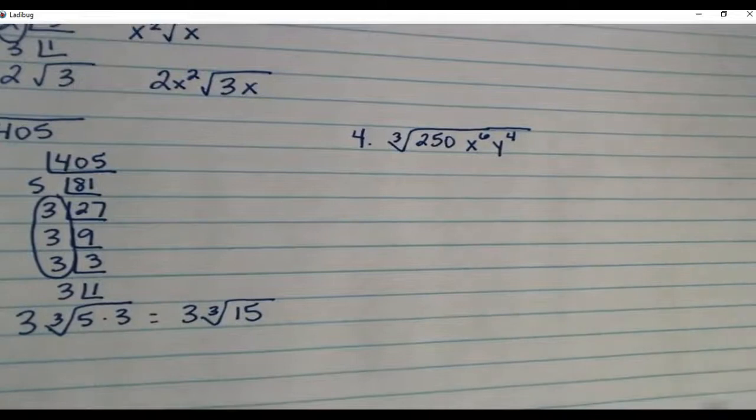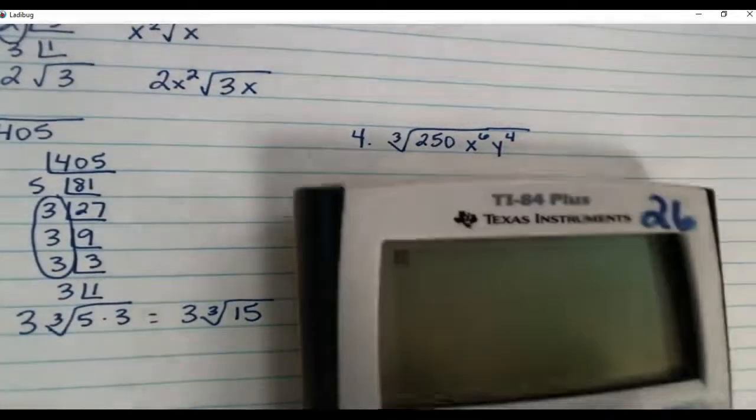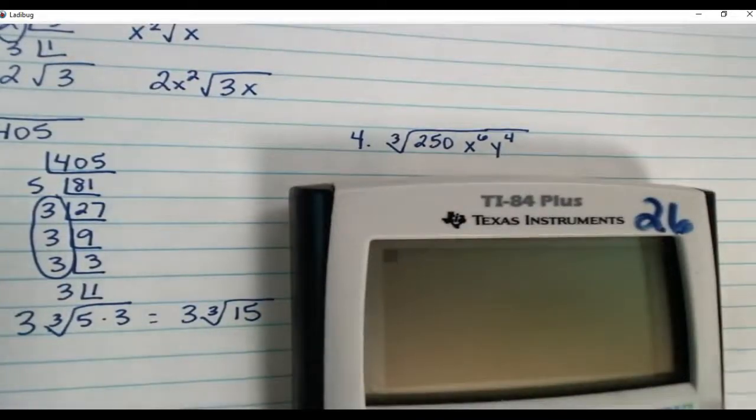Okay, so the first thing we check is, is 250 a perfect cube? So math, number 4, 250, no, it is not.